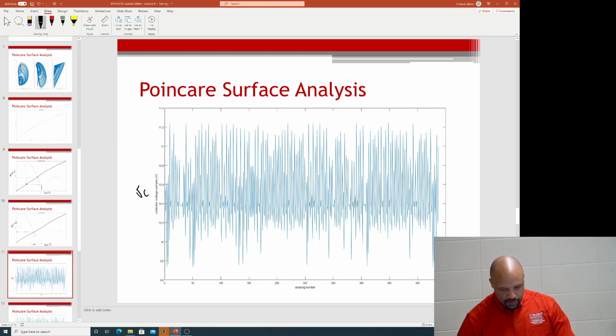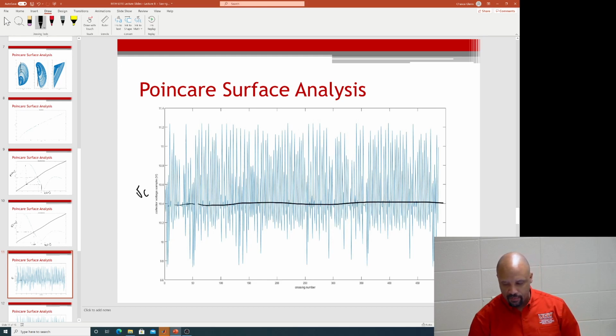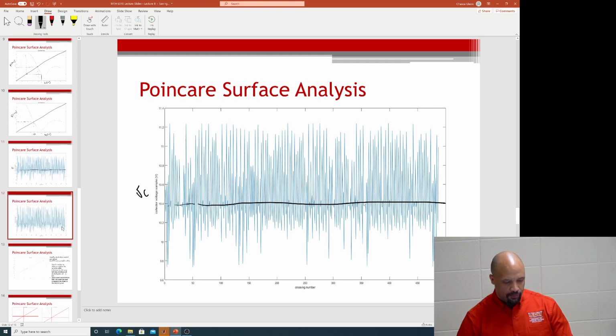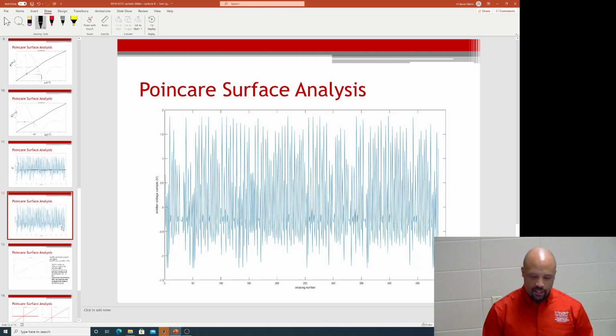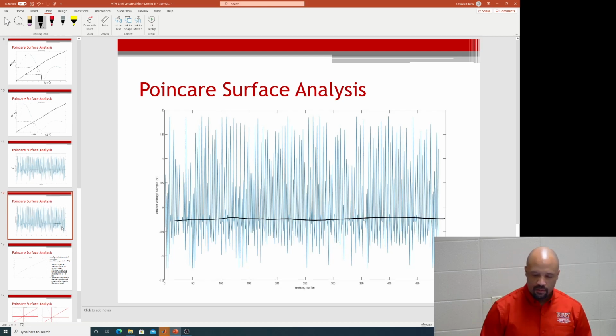The differences are smaller, but they do eventually grow pretty quickly, but they stick around the fixed point. See that? And same thing if you look at it for VE, it sticks around that fixed point.